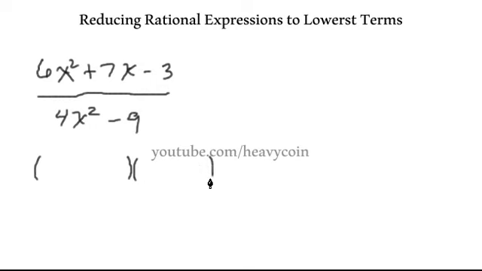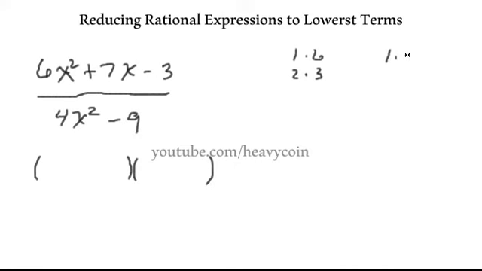Alright, we're looking for numbers. Let's see, here's our possibilities. We can use 1 and a 6, or 1 times 6 I should say, to get 6 here, or 2 times 3. And then for this term here, I guess it's just going to be a 1 and a 3.